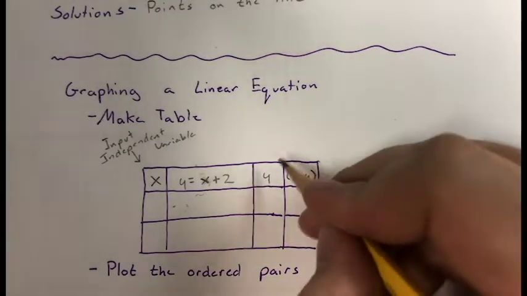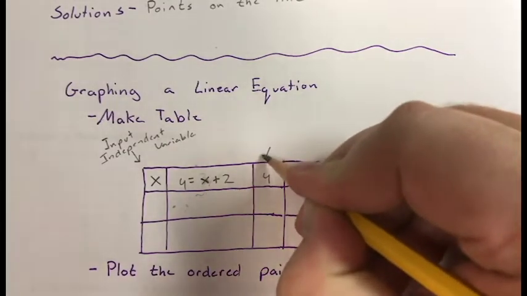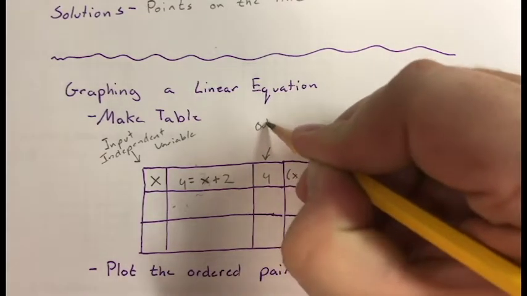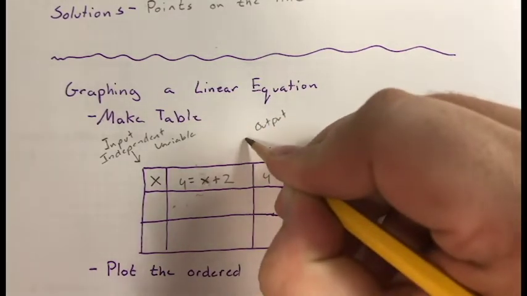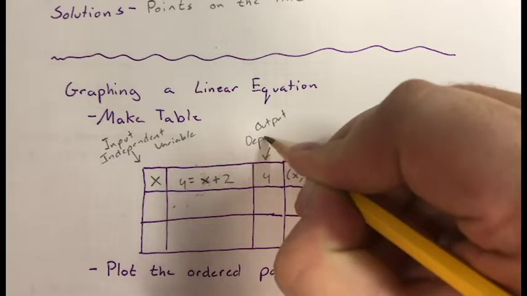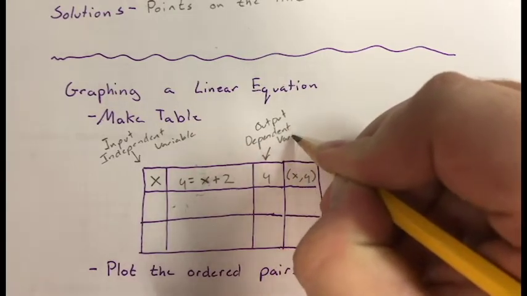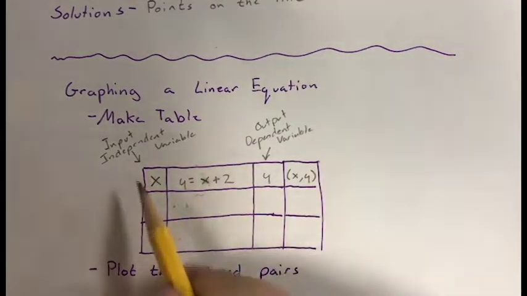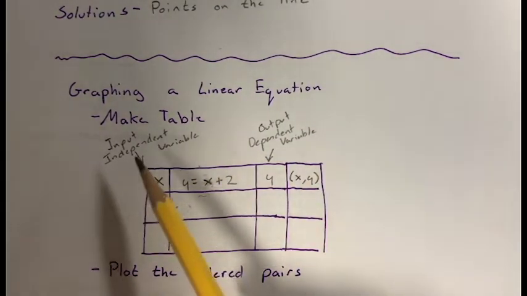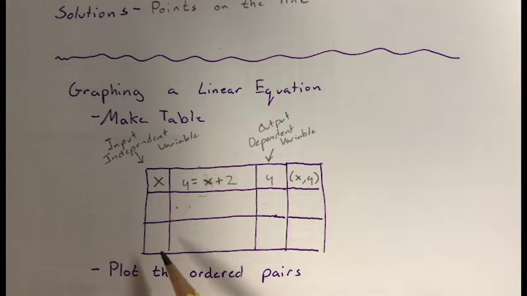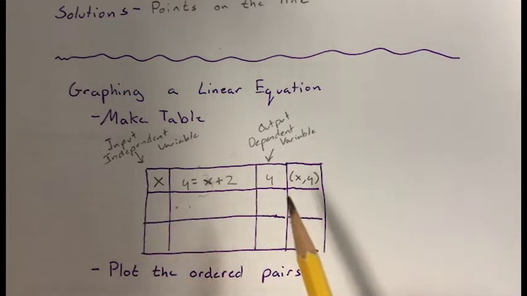Well, what is y? This is what we call my output, and it's also called the dependent variable. Now, we're not going to be going over these definitions right now. You will be seeing it a whole lot more when we get into something called functions, but that's a story for another day.